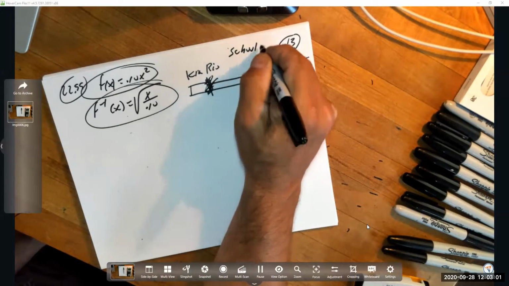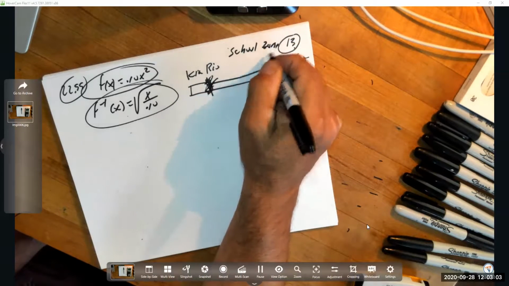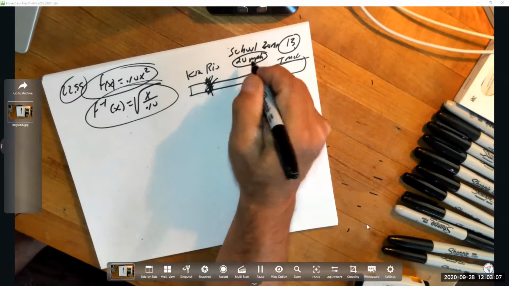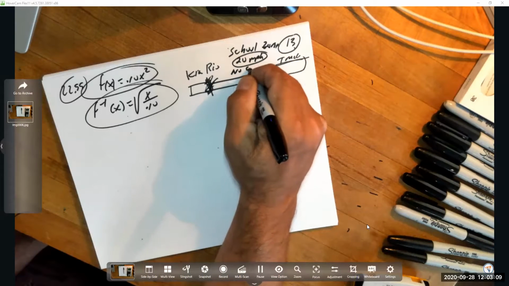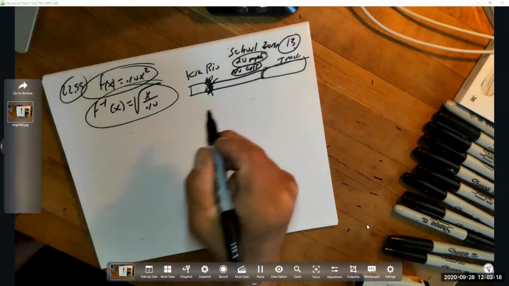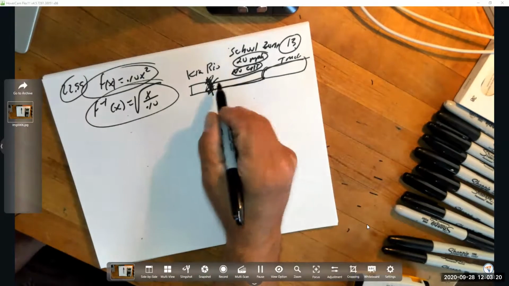Now I'm going to show you what it is. It's a school zone, so the fastest you should go in the school zone is 20 miles per hour, and no cell phones. But they hit you, and the brake marks are gonna be right here.